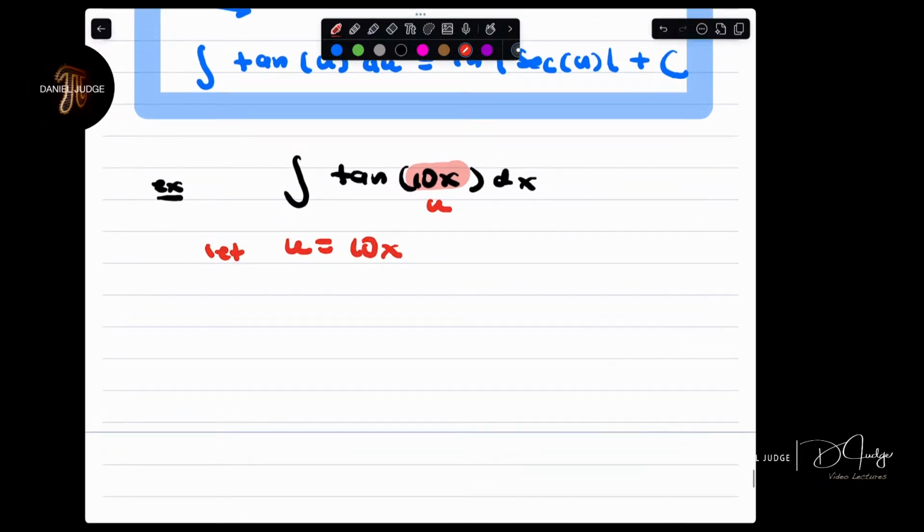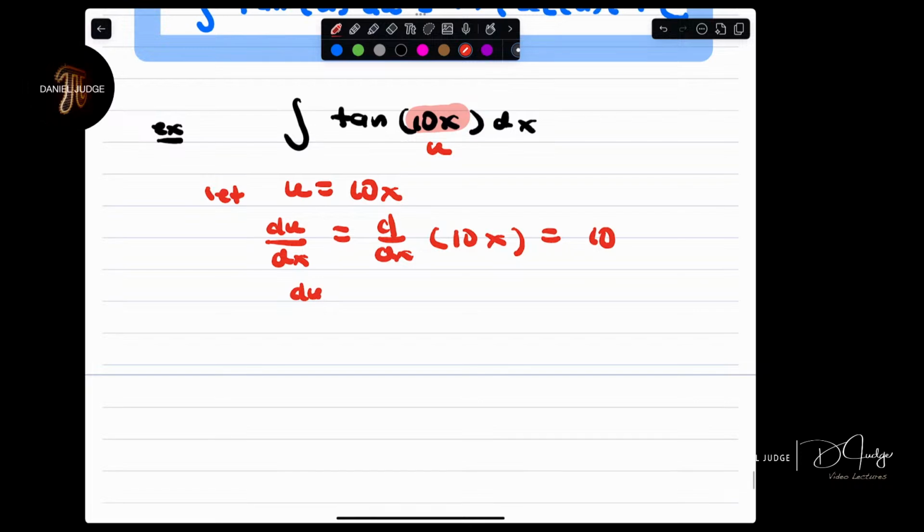And when u is 10x, of course, we go through the u sub process. We differentiate this function. And that is going to be 10. So, ladies and gentlemen, du dx is 10 over 1. And we can now solve for dx. So dx now becomes, if we solve for dx, du over 10.